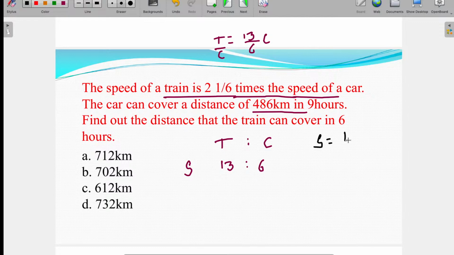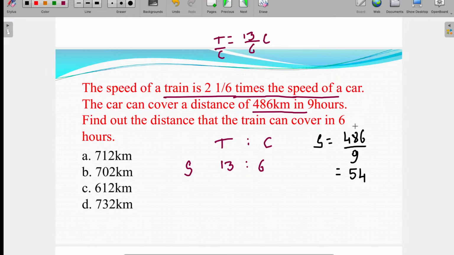I am writing in my mind 450 plus 36. 450 divided by 9 is 50. Then 36 is how many times? 4 times. So 54. You will get 54, not 49.